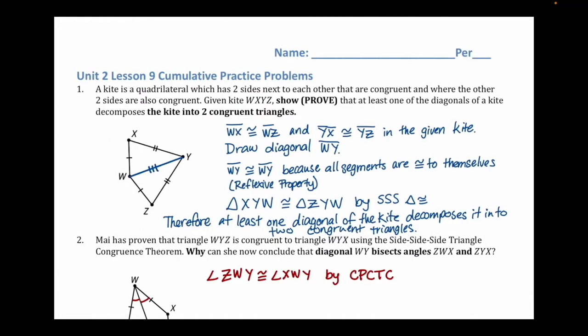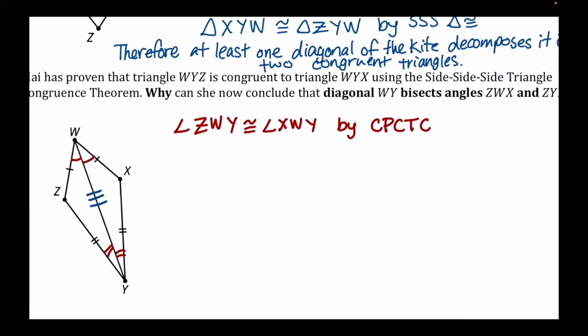We can also say that about the angles at the bottom. So angle ZYW, which is our angle at the bottom on the left, is congruent to angle XYW, which is the angle at the bottom on the right, again by CPCTC, because those pieces correspond.